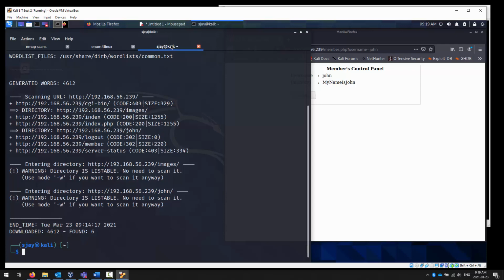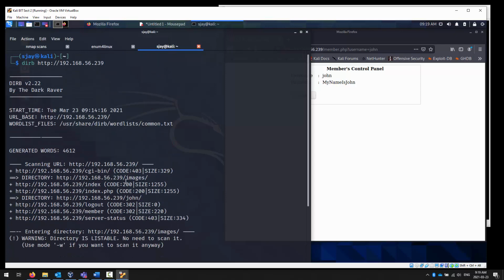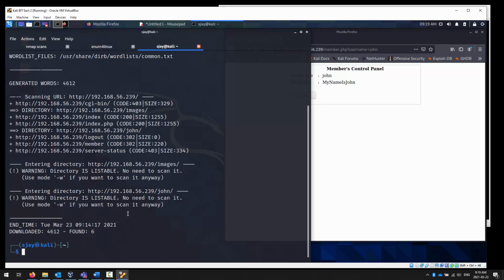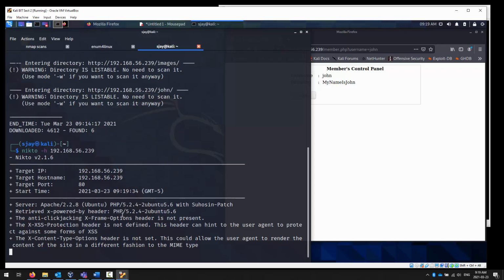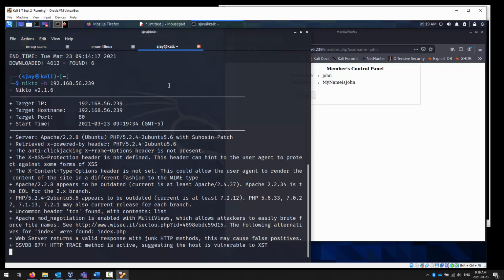All right. So that was my first web scan. Let's take a look if we see anything interesting with Nikto as well. See if we get anything extra with the Nikto scan. We'll call that web enumeration.